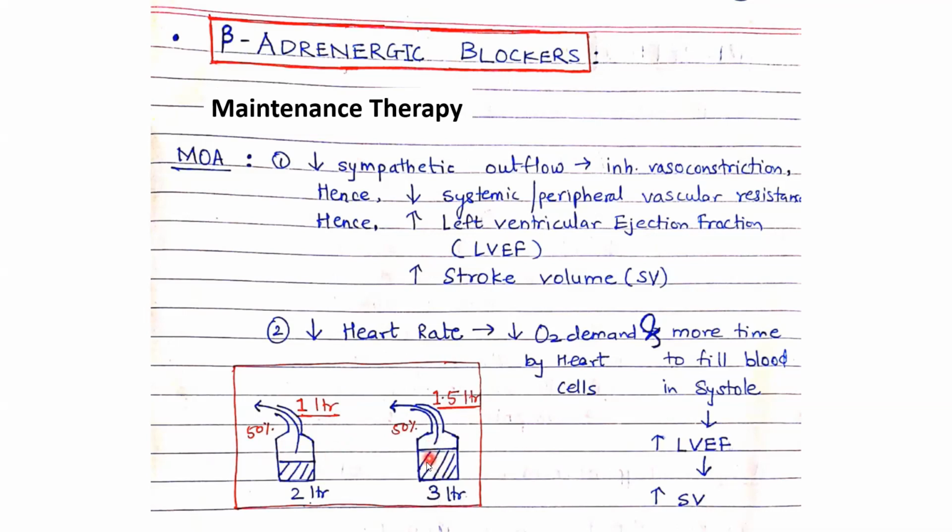You fill more blood here, you will give more amount out. So more time to fill blood will lead to increase in the left ventricular ejection fraction, which will lead to increase in the stroke volume. This is how beta adrenergic blockers will help. Decreased oxygen demand by the heart cells will cause lesser progression of damage to the heart cells.